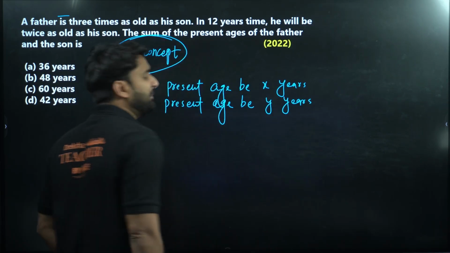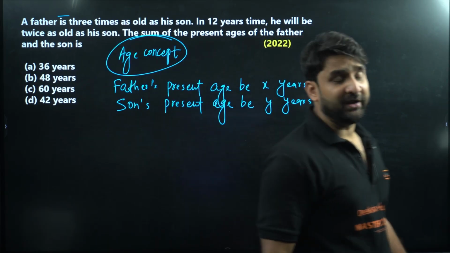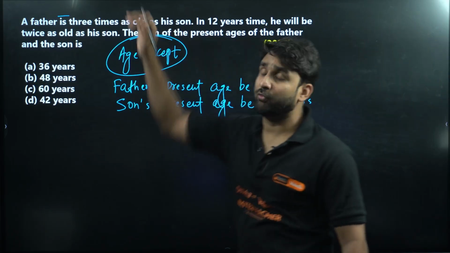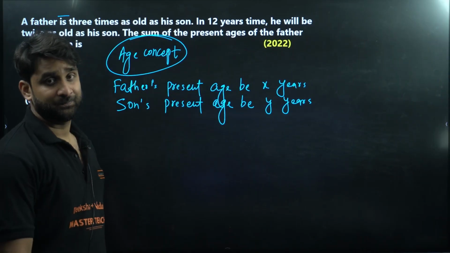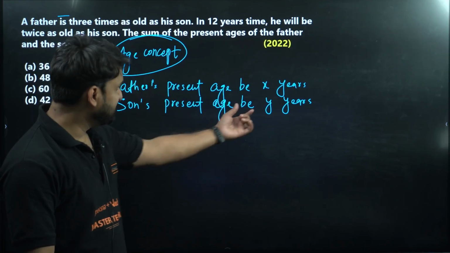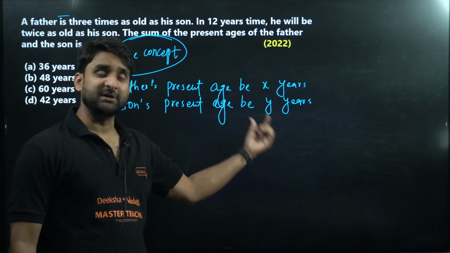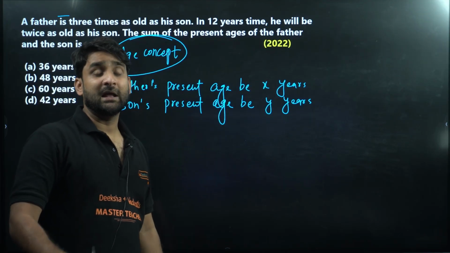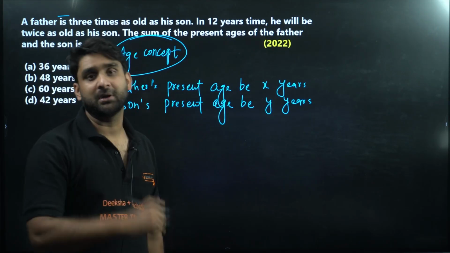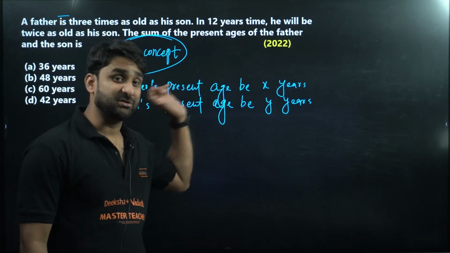Once you suppose the present ages of the individuals, it will allow you to write the equation in terms of X and Y. Present age plays a very important role that will help you write the mathematical equation after reading the question. Now read the question.